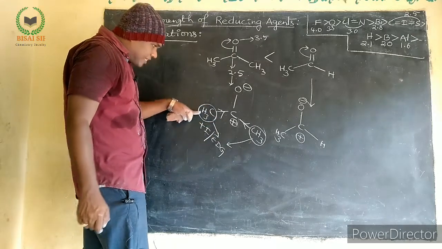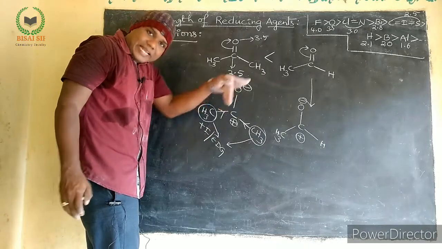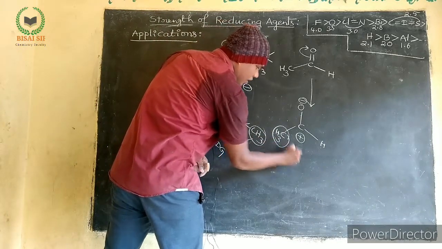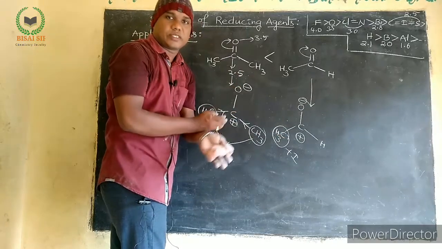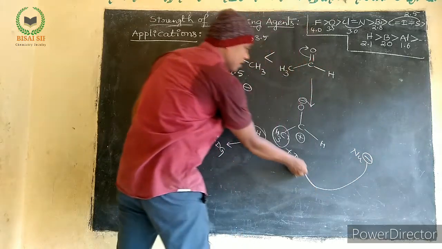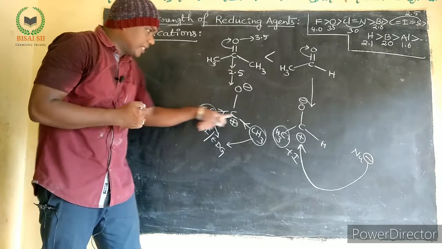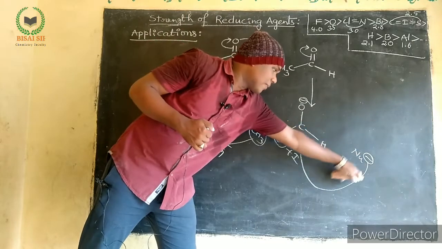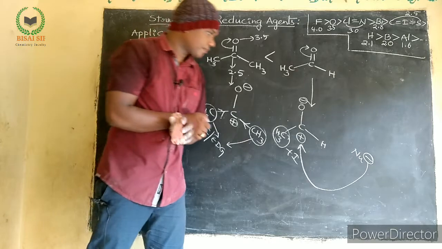So with these electron donating groups, the positive nature will be decreased, but here there is only one plus I group, correct? Compared to that, here there is somewhat maximum positive charge. We know that the nucleophile always attacks where there is maximum deficiency. So compared to here, maximum deficiency means maximum positive charge. So the incoming nucleophile first attacks here, based on this, correct?